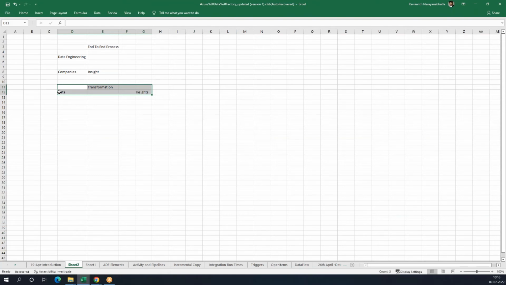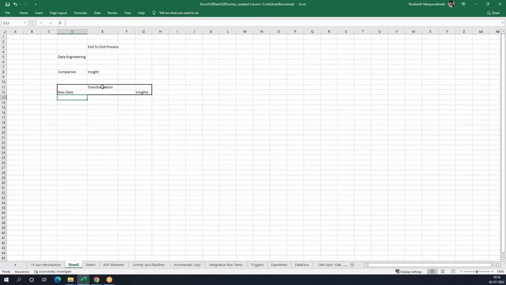When I say data, I'm talking about raw data, which can be of any form. And I'm talking about transformation, so there should be some tool which transforms that. And insights are how you present to the customer.